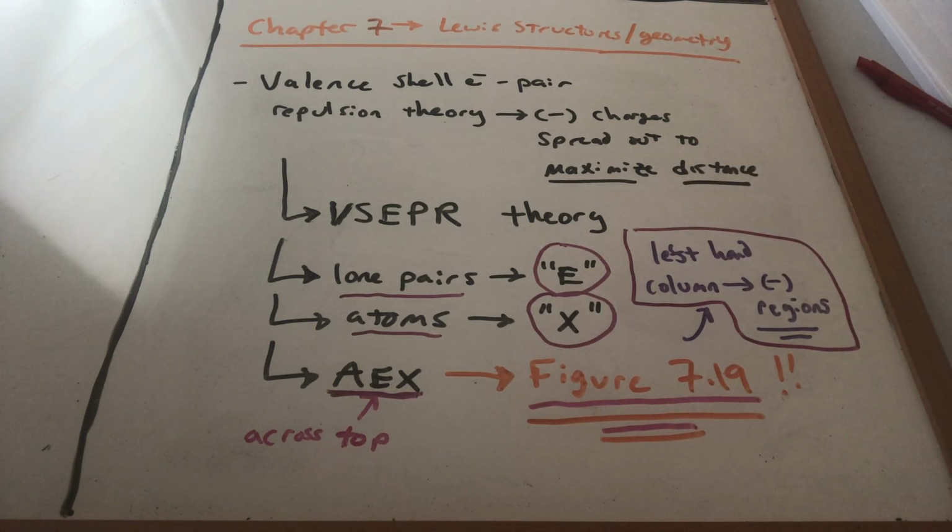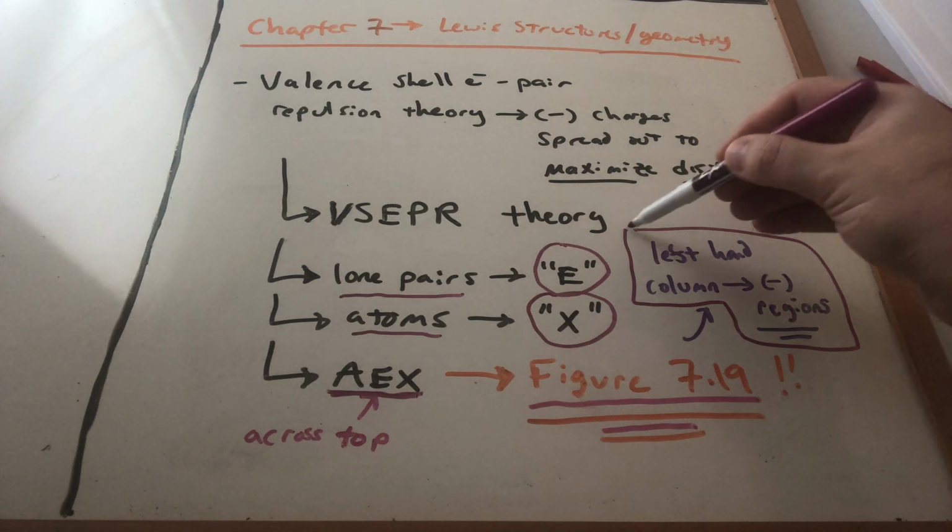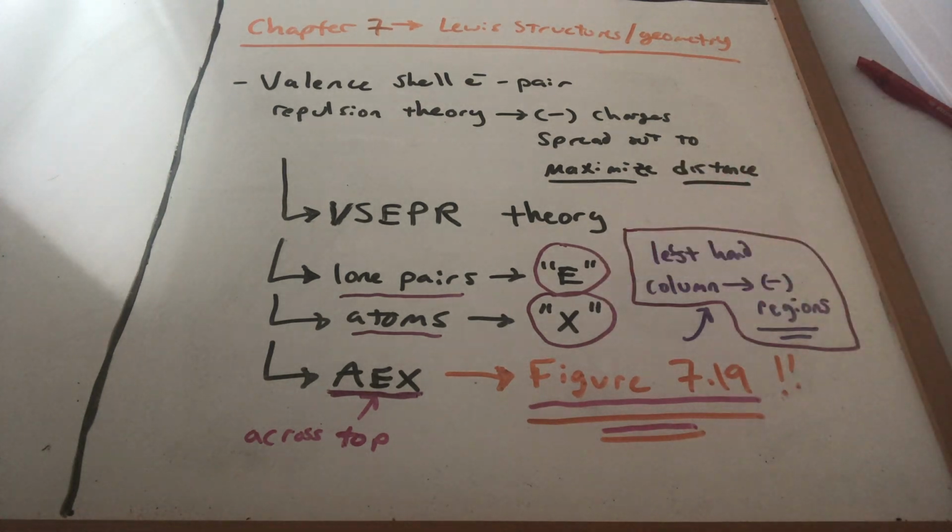It says something about electron pairs. I think that is better labeled as negative regions. So don't think about it as just pairs, because sometimes we have multiple bonds attached to a single atom. Literally all we're going to look at is how many E's and how many X's. That'll put us at the correct structure on this table.